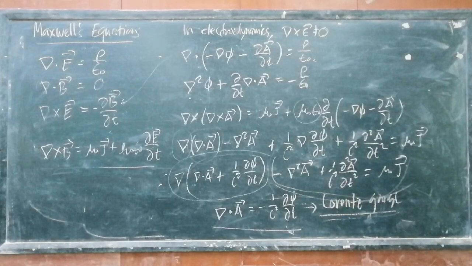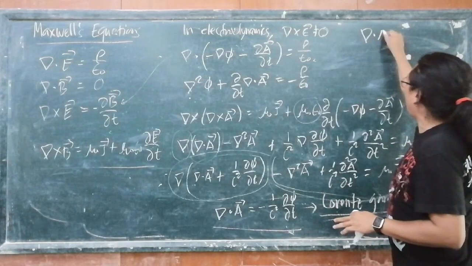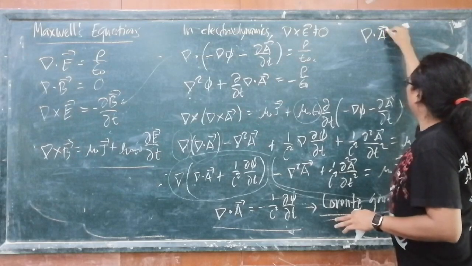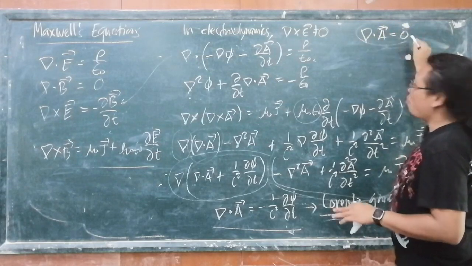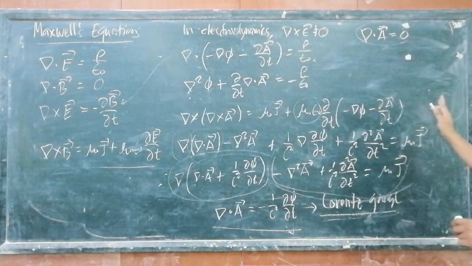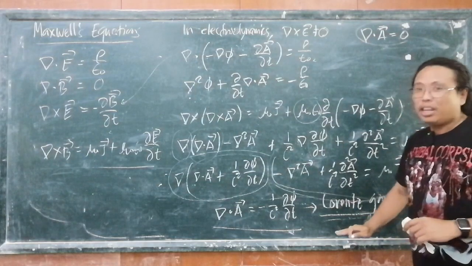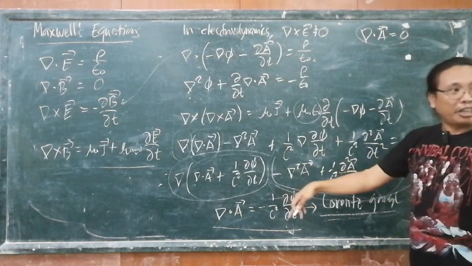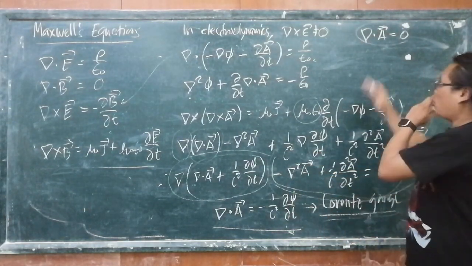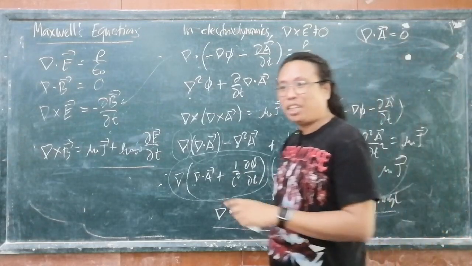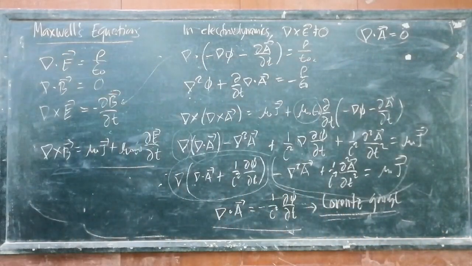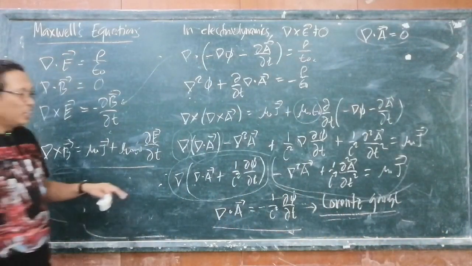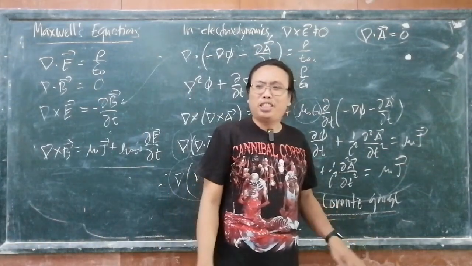In fact, the other gauge is what we call del dot A equals 0, the Coulomb gauge. Now, I will not do the Coulomb gauge. I will formulate things in terms of the Lorentz gauge. The Coulomb gauge is used in electrostatics, but when we are in electrodynamics, we use the Lorentz gauge. Are there other gauges?